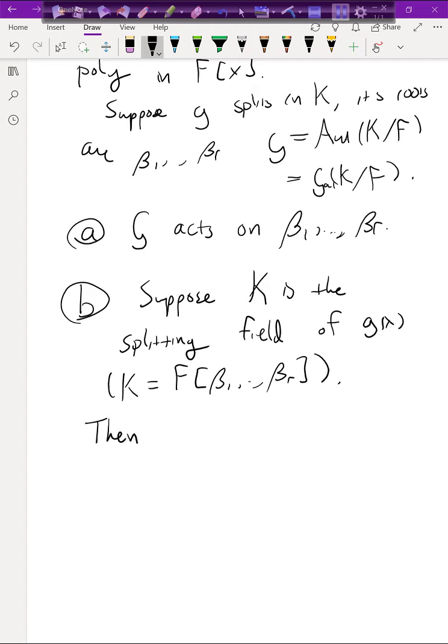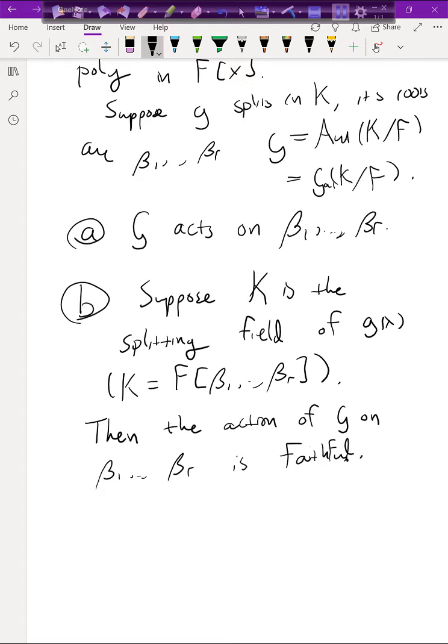Then, okay, I'm just going to explain what this terminology means in case you read it in the book. Then the action of G on beta 1 through beta r is faithful.